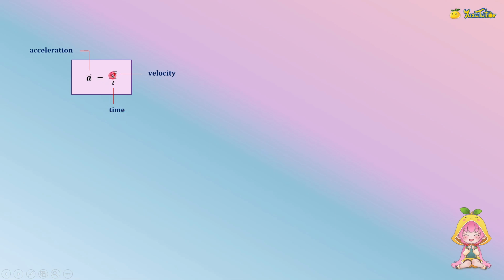The triangle symbol here is called delta. It represents the change in a quantity. So delta V refers to the change in the velocity, which is V2 minus V1. V2 is final velocity and V1 is initial velocity.